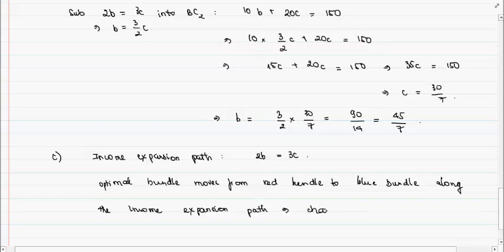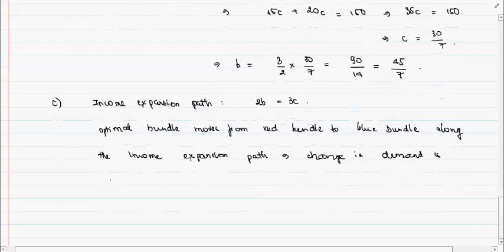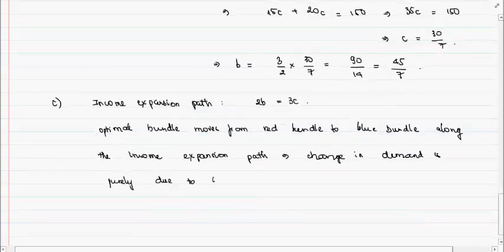Okay, so the change in demand is purely due to the income effect, and there's no substitution effect.